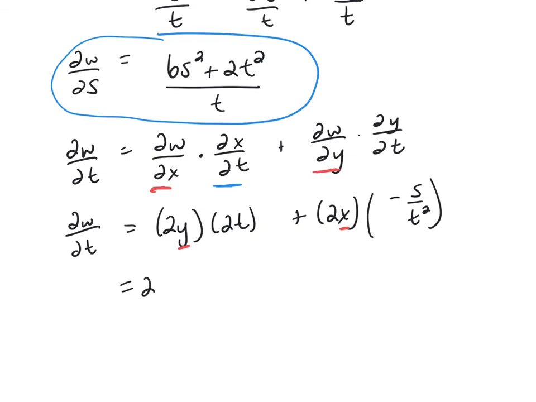And again, you've got to replace this y and this x. Y was s over t. X was, I'm going to replace it by s squared plus t squared.